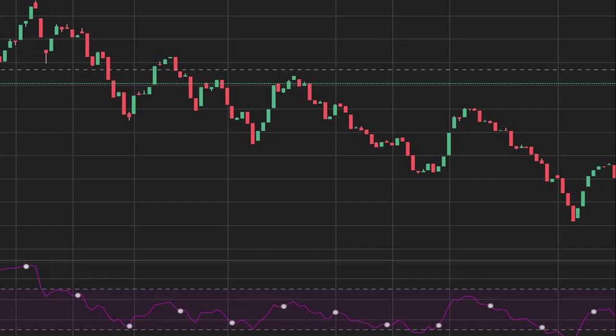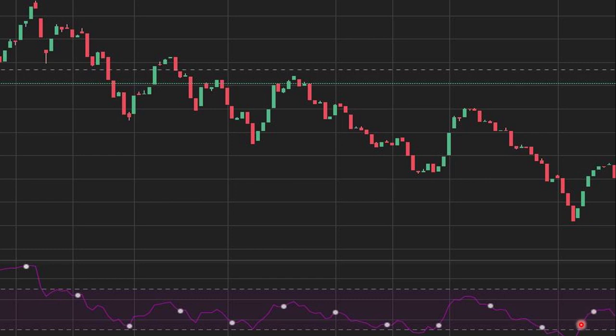Imagine that we have a downward trend in the market. In this chart, you can see we have a downward trend. In a downward trend, we say we are in an overbought zone when the indicator line crosses the 50 line, which is here.